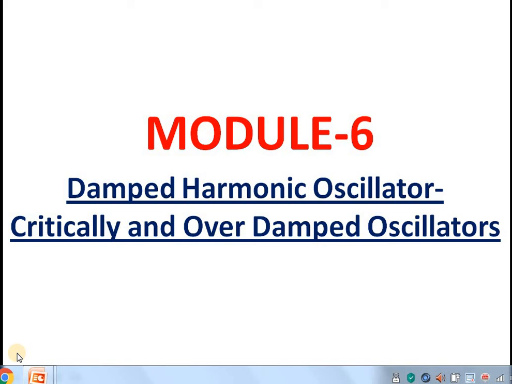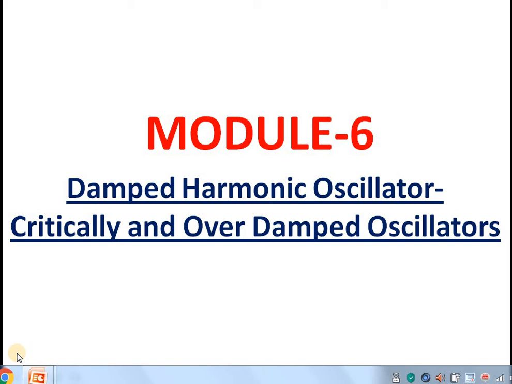As you know, in the previous class, we began the introduction of the damped harmonic oscillator. We defined what a damped harmonic oscillator is and the reason for the damping of an oscillator. And we have also seen different special cases for a damped harmonic oscillator.